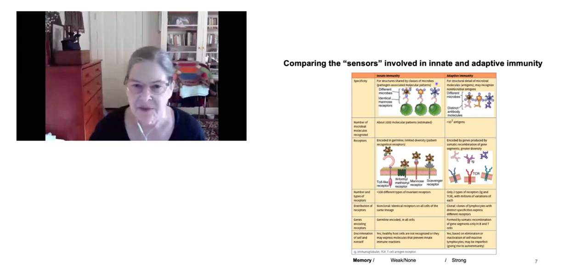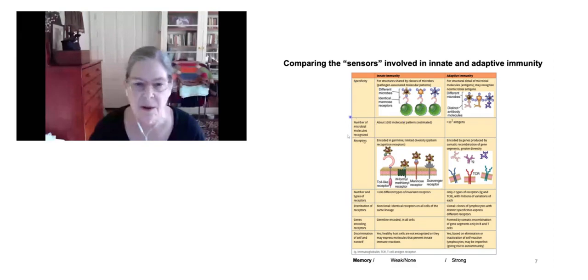It's basically classes of molecules that the innate immune receptors are against, whereas in adaptive immunity, it's much more specific than that. The specificity is broader for innate immune receptors, and they are the same receptors over and over again.